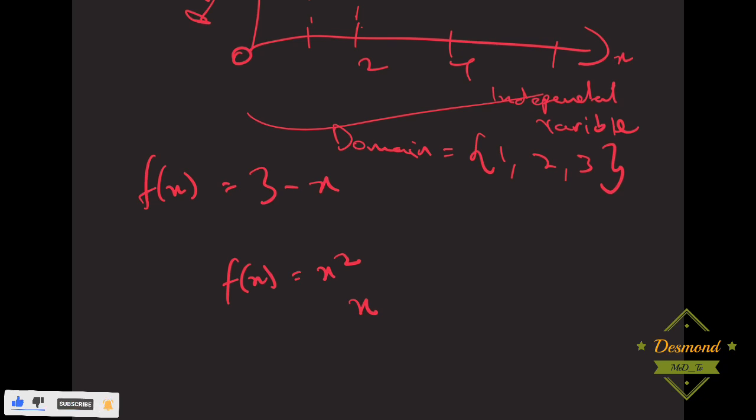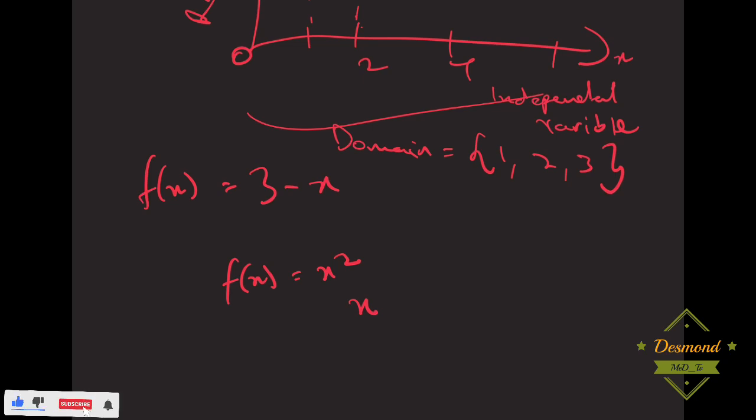So, for example, let me give an example here. Since any real number can be squared, if no other domain is specified, we consider the domain of f of x to be the set of all real numbers.